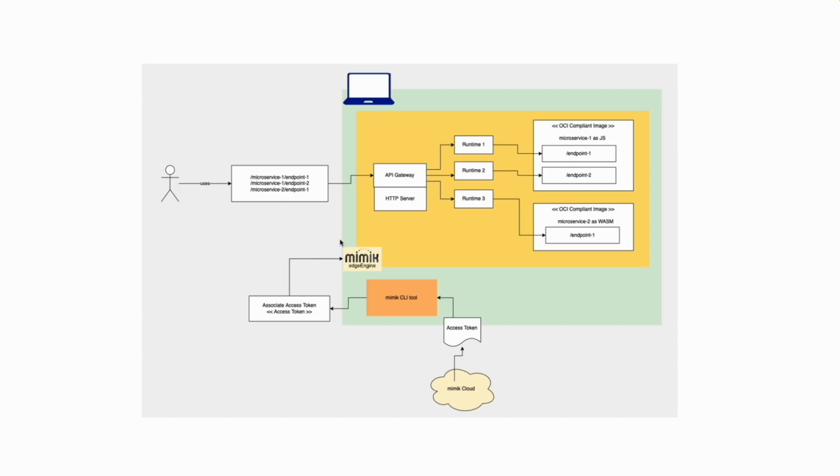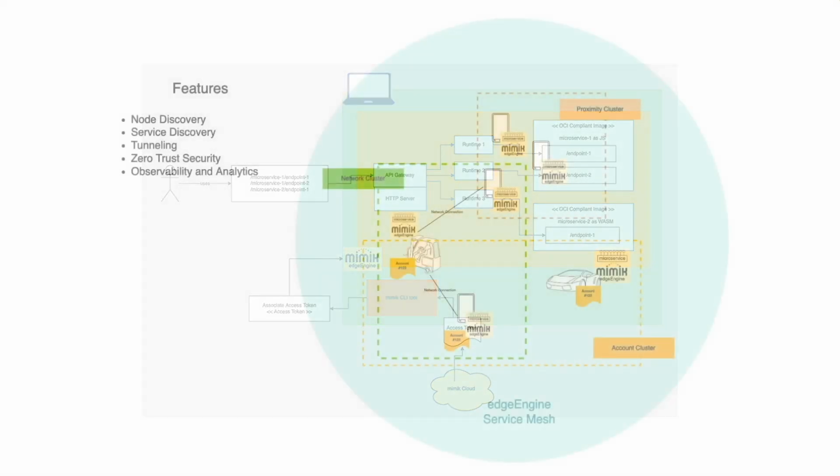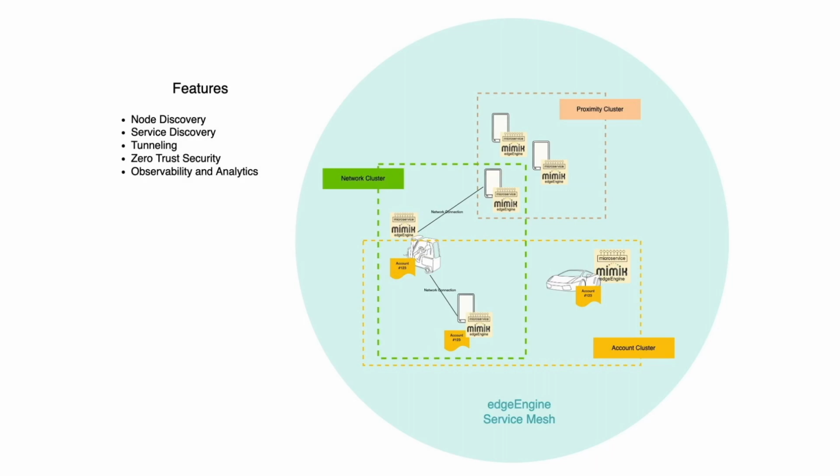So what is it you get when you get access to the Mimik network services? Well, you get access to the edgeEngine service mesh. And the edgeEngine service mesh allows you to interact with the network in three different ways. One way is called a proximity cluster, which will give you access to other edgeEngine devices running in close proximity to you.